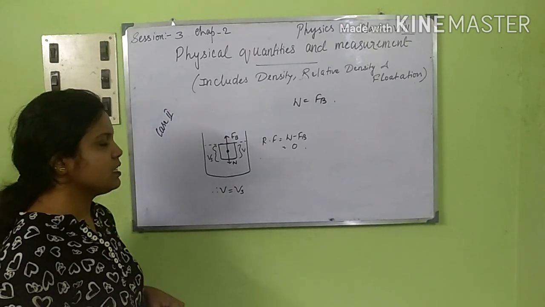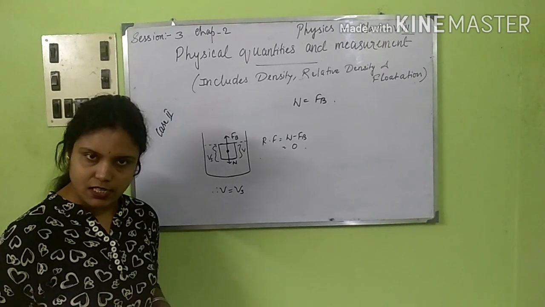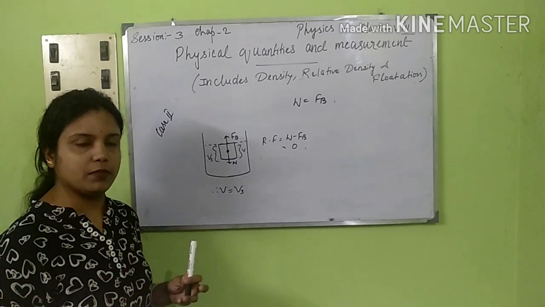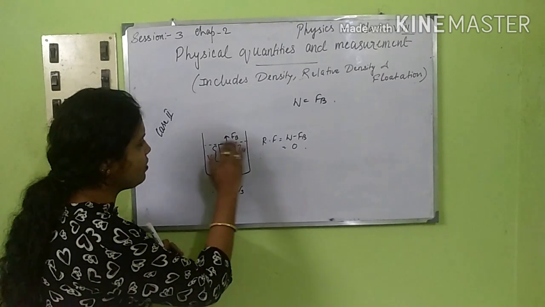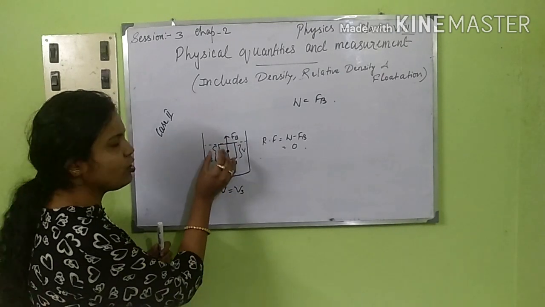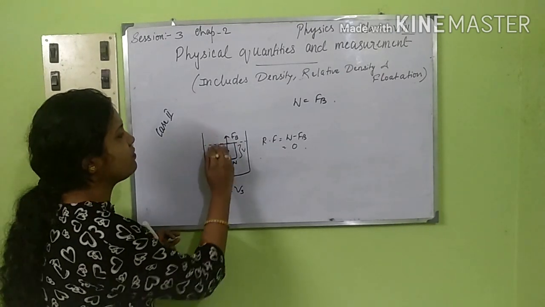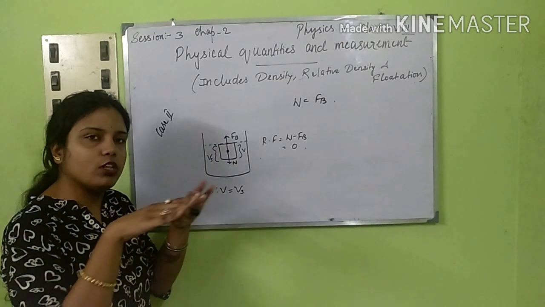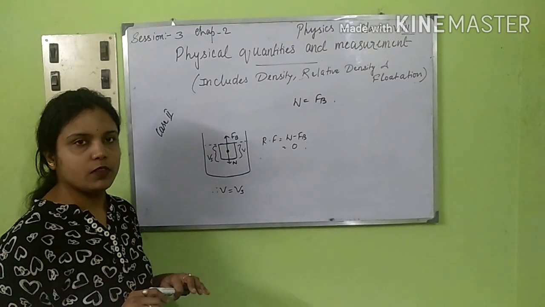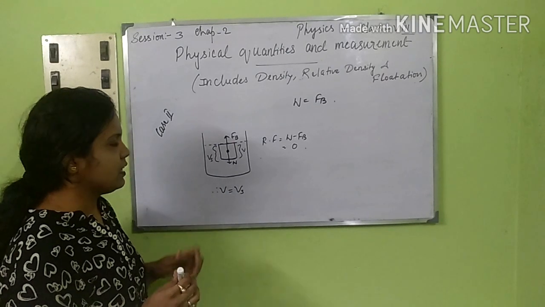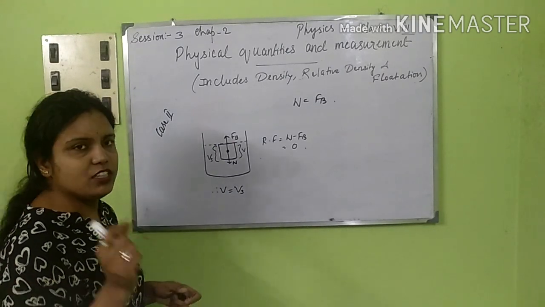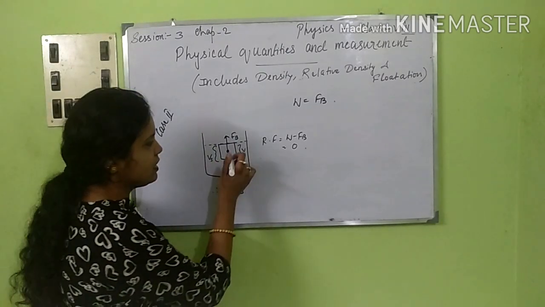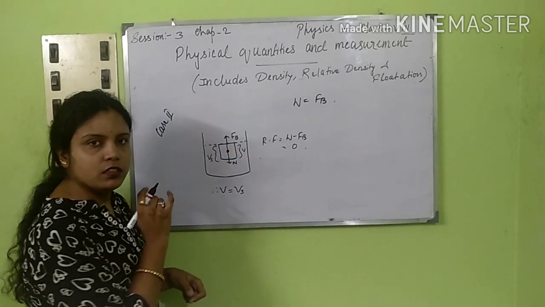Now next thing is, what happens to the body? Does it sink or does it float, or what happens? It just floats in the level of the water. You can see that none of the portion of the body is above the water. It just floats on the surface of the water. And in this case we will find one thing, considering this to be the volume of the solid.